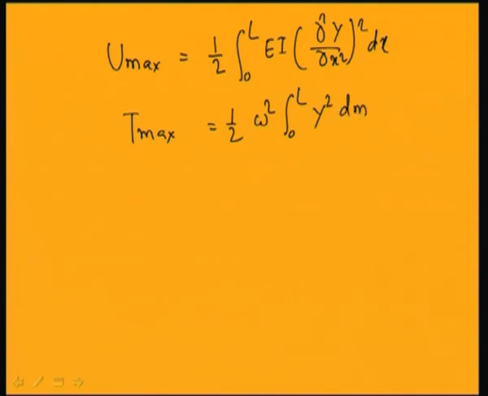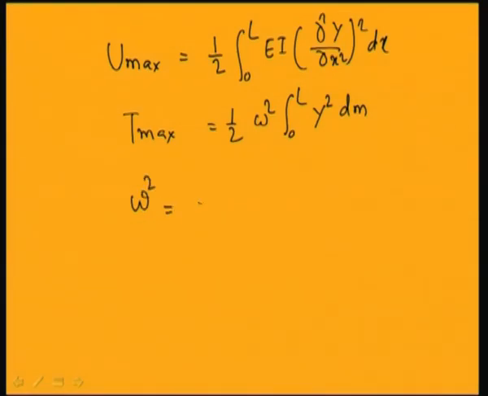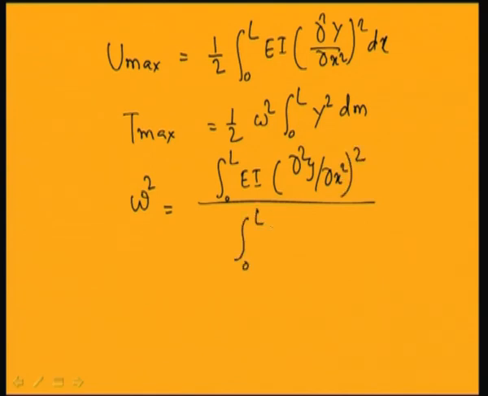Here you may take this y as the static deflection of the continuous system. By taking the static deflection term and equating U max equal to T max, or maximum potential energy equal to maximum kinetic energy, you can write omega square equal to integral 0 to L E I (del square y by del x square) whole square dx by integral 0 to L y square dm.